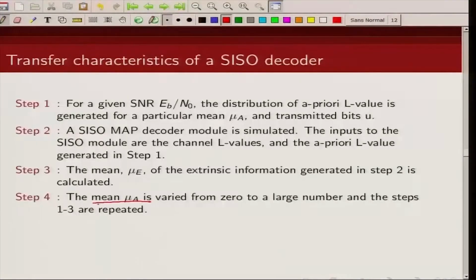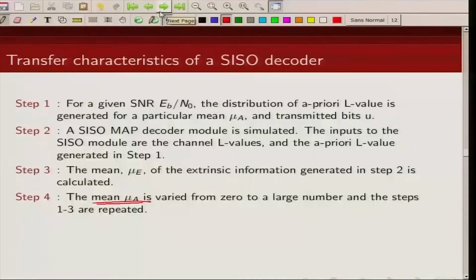Now, as I said, with iteration my a priori information is changing. So, now we are going to change the mean of the a priori information, and then we will again simulate this soft input soft output decoder, and see what happens to the extrinsic information mean, how much it is growing with change in the input a priori information mean.